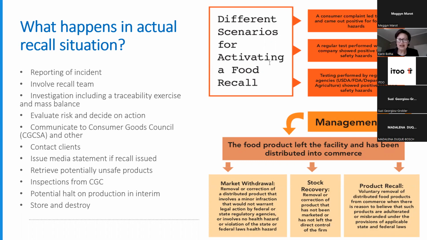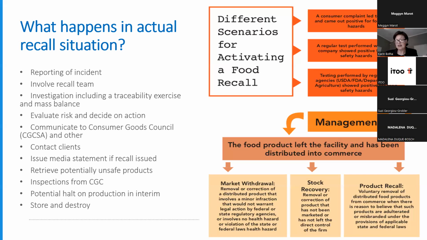Then a traceability exercise. Your traceability should be very good, and your mass balance is where you reconcile all your production figures with what is where, how to locate all your stock. You evaluate your risk and decide on the appropriate action to take.